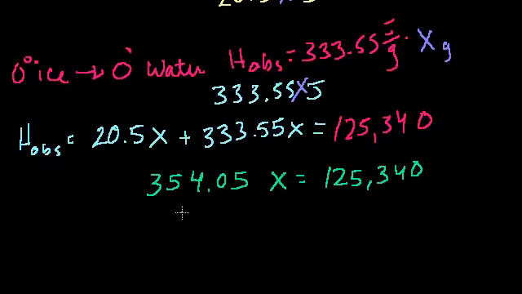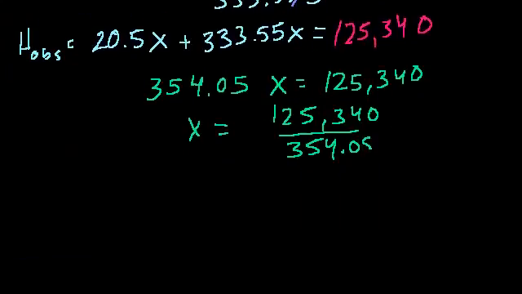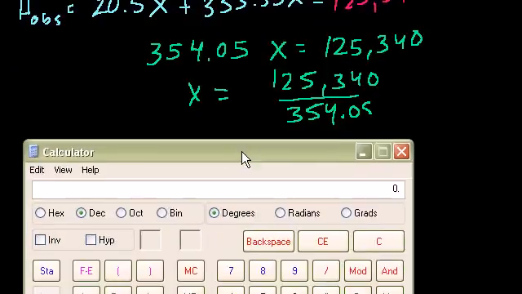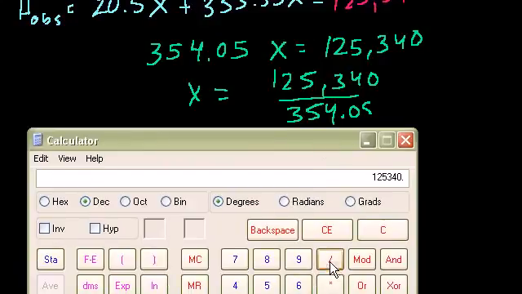And you divide both sides. So x is equal to 125,340 divided by 354.05. I'll take out the calculator for this. The calculator tells me 125,340, the amount of energy that has to be absorbed by the ice, divided by 354.05 is equal to 354 grams, roughly.